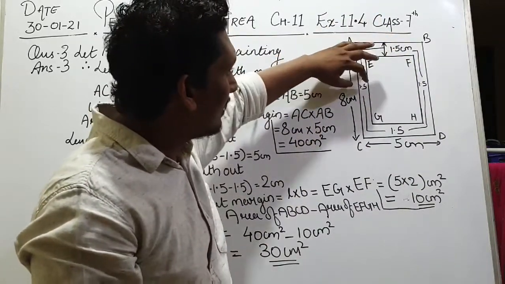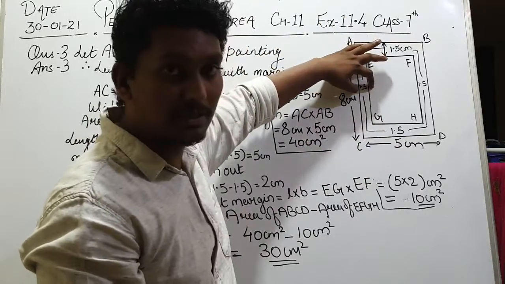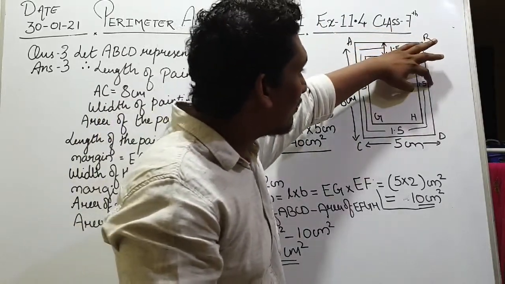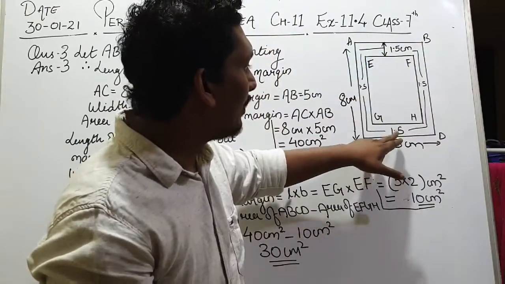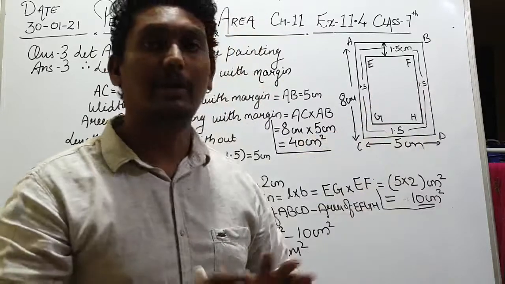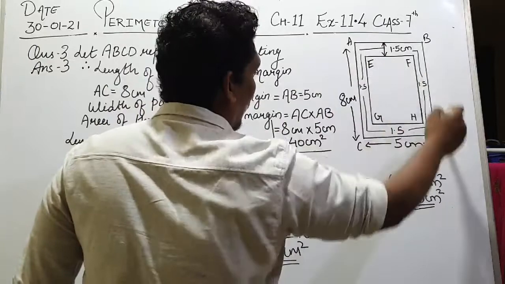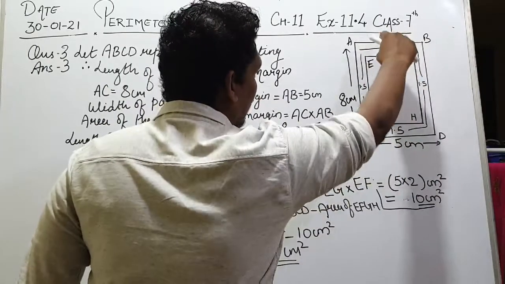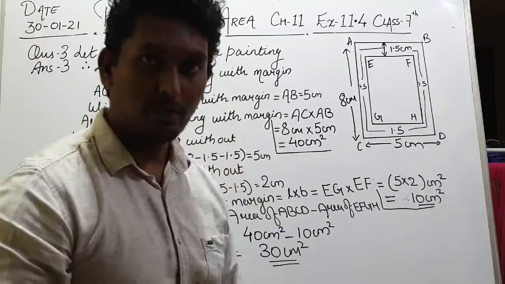Same from this portion, from A to C, 1.5 centimeter is reduced from this side. Same 1.5 is reduced from this side, and from this side also it is reduced. So about the cardboard, this much portion is reduced from 4 sides.